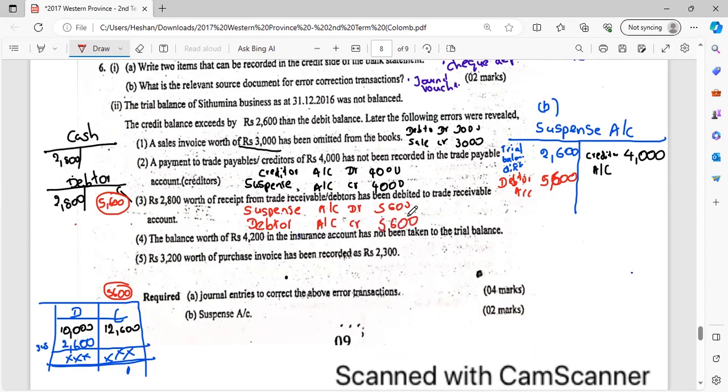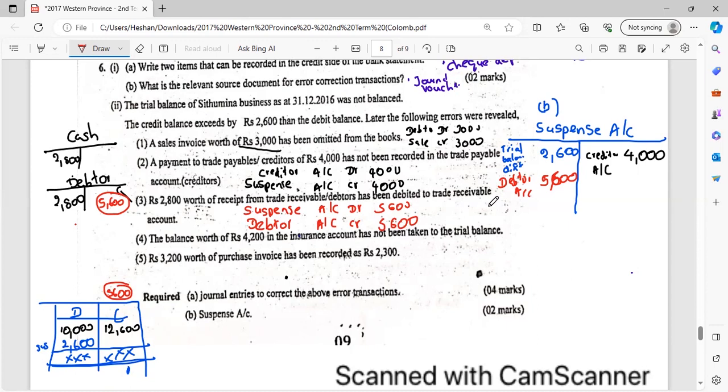Suspense account debit, debtors account credit 5,600. You can write correction of debited amount of rupees 5,600 received from debtor to trade receivables.